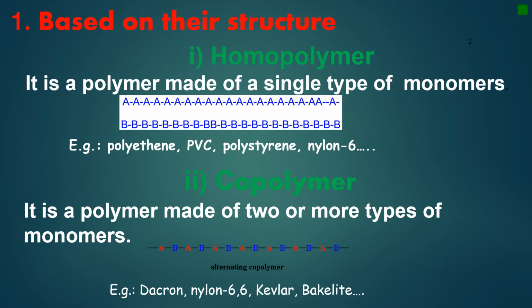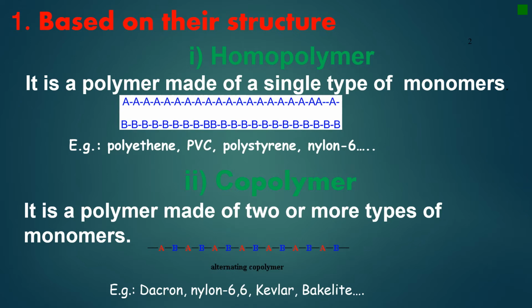It's a type of polymer made of more than one type of monomer. Here is an example of a polymer made of A and B monomer molecules that combine together. An example is Dacron, where ethane-1,2-diol and benzene-1,4-dicarboxylic acid combine together to form Dacron or terylene.